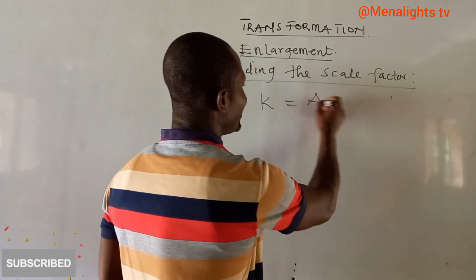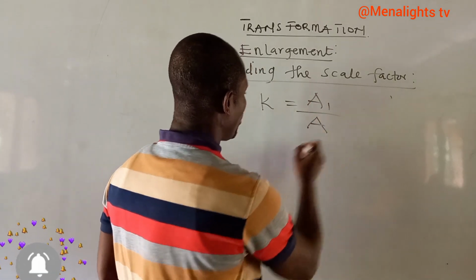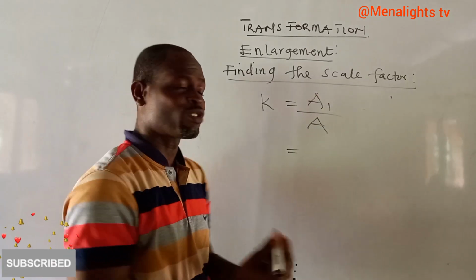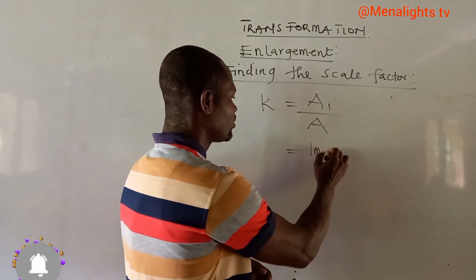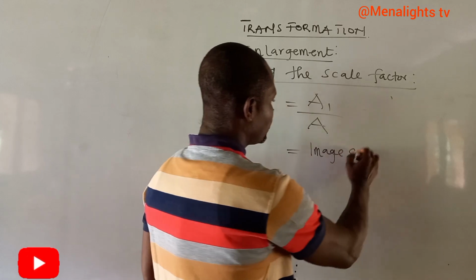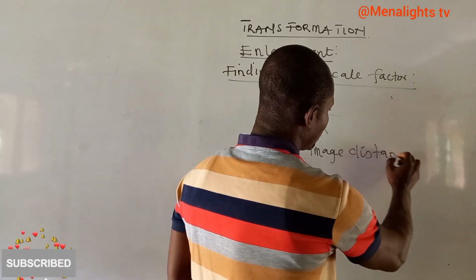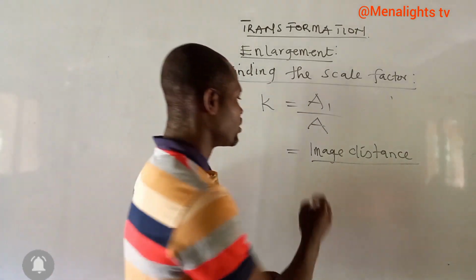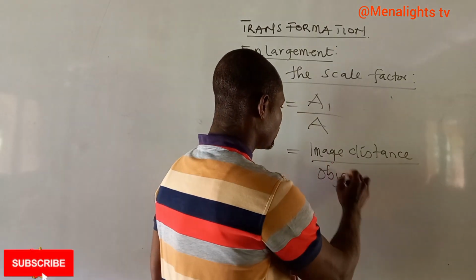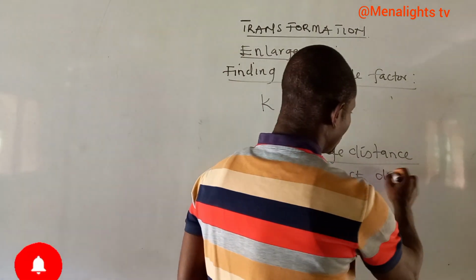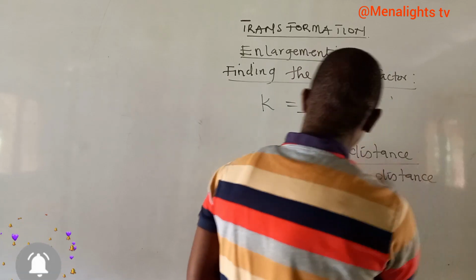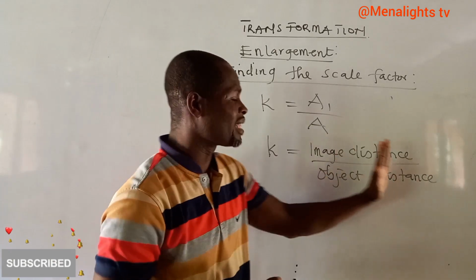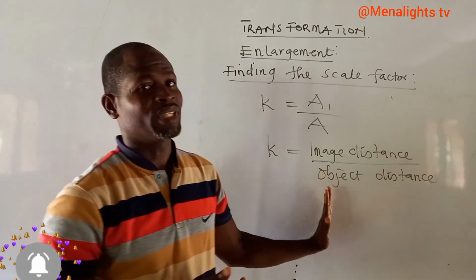Now the image, we can also say that is the image distance divided by the object distance, which is the scale factor. So the scale factor is the image distance divided by the object distance.